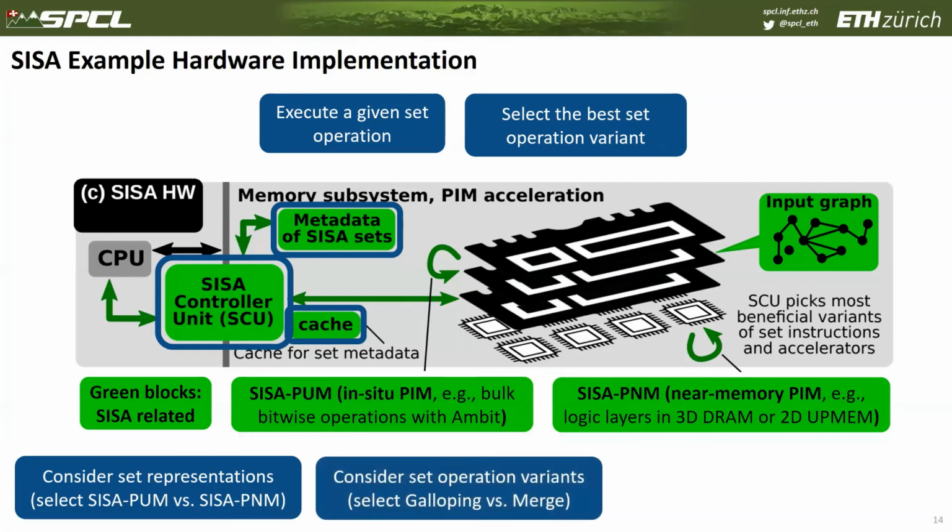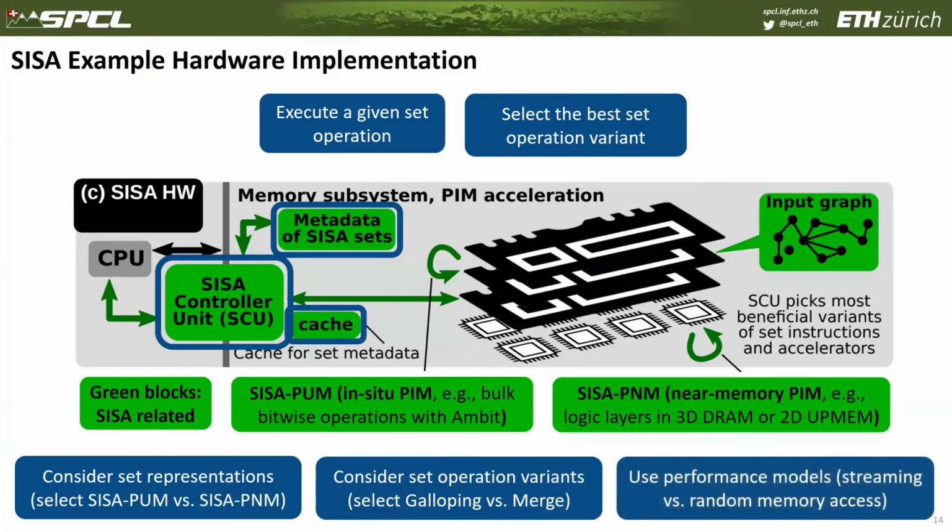On the other hand, we also consider the set algorithm variant to be selected. Depending on the size of these input sets, the SCU will either execute the galloping or the merge-based intersection. These decisions are guided by our performance models.